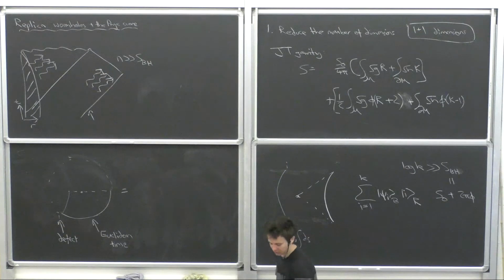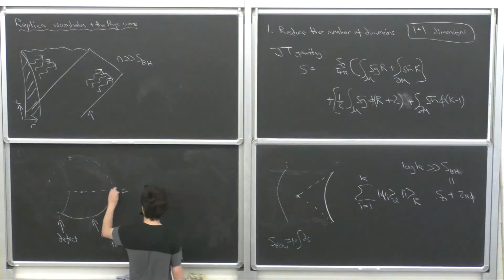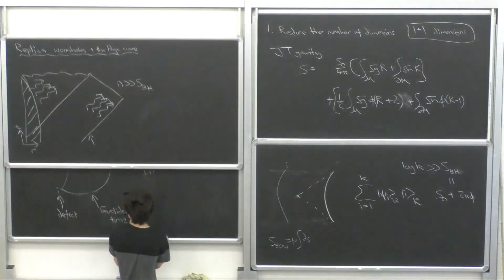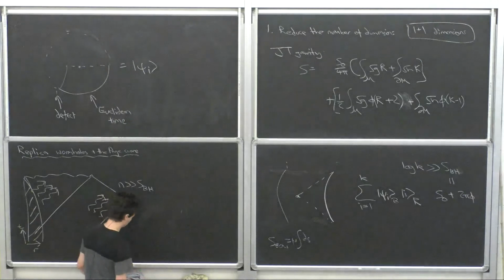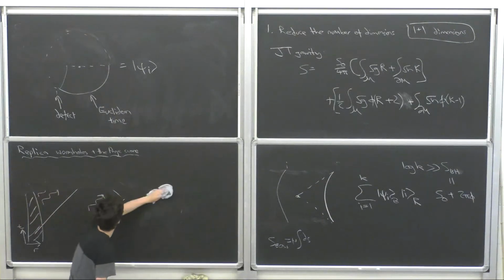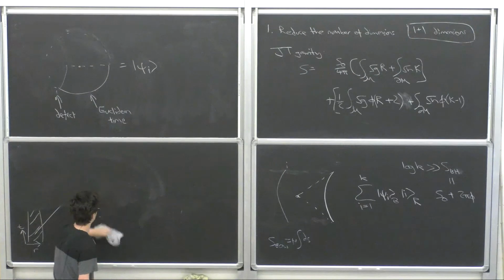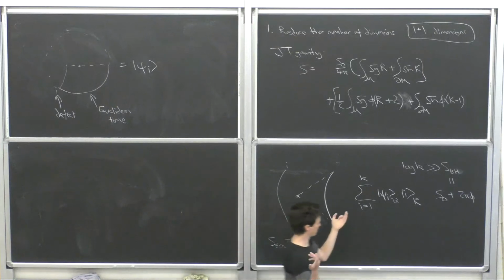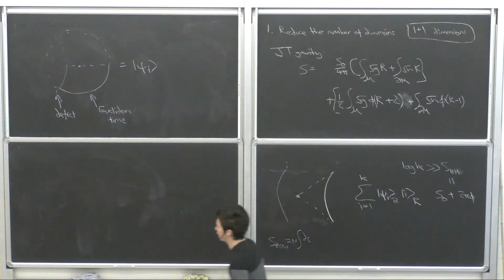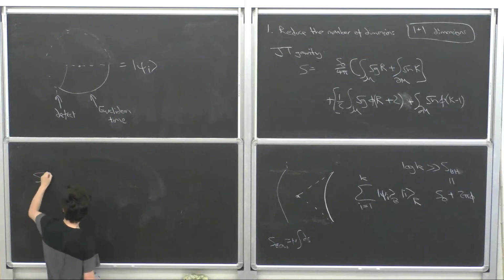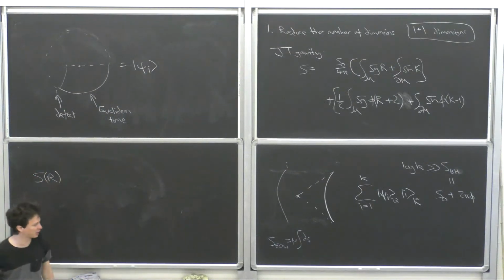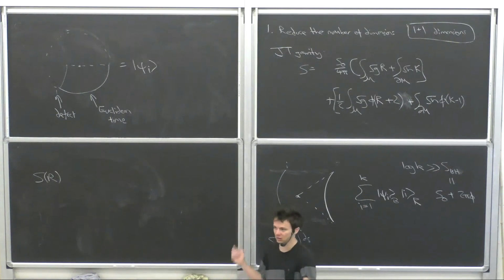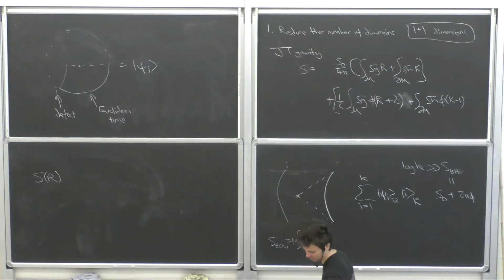Cool. Okay, so this is how we're going to prepare state psi I. Now we have a setup where we think we have a paradox, but we can just go ahead and explicitly compute the entanglement entropy of this radiation system R and see what it is, and see whether indeed it ends up bigger than the Bekenstein-Hawking entropy or not.